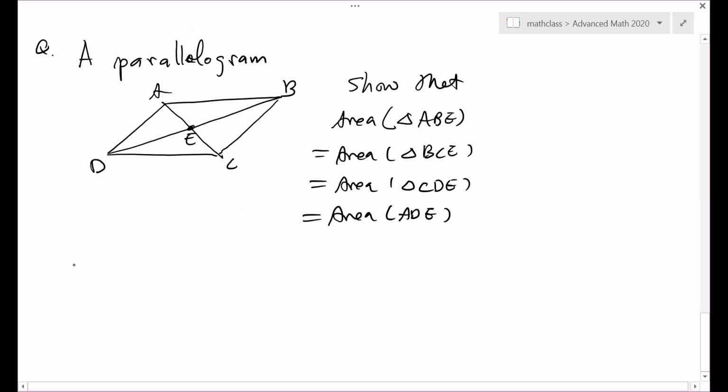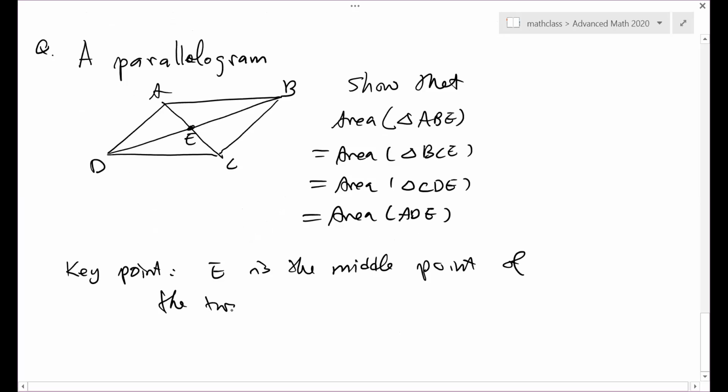The key point is that E is the midpoint of the diagonals, by symmetry of the two diagonals.